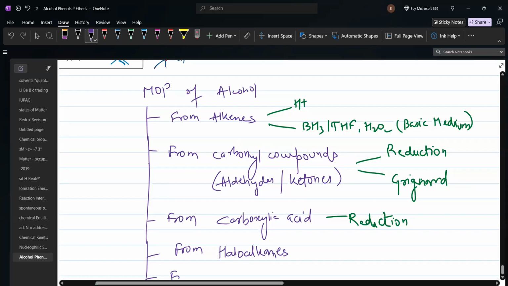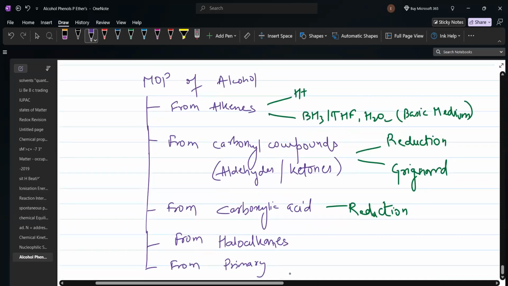Then from primary amines. This one is the last one. We will see this in the last topic later. From primary amines also alcohol is formed.